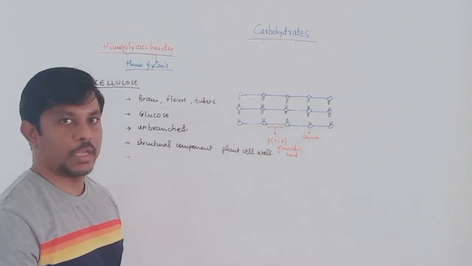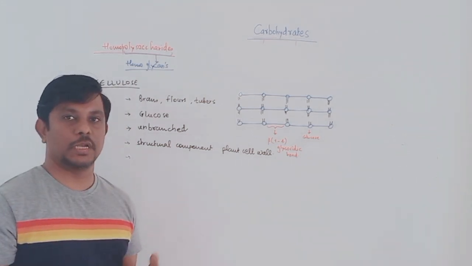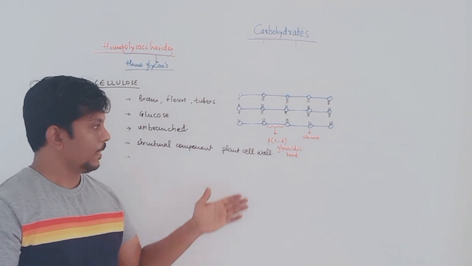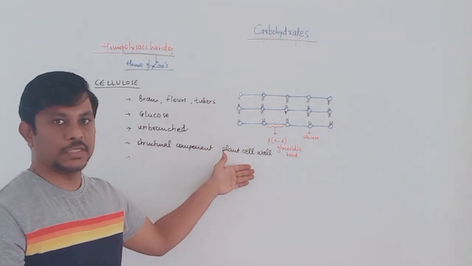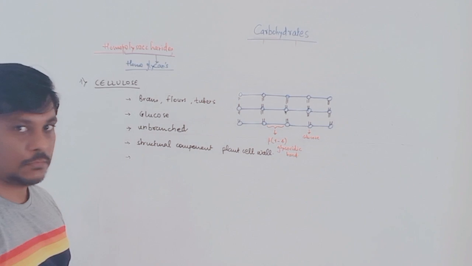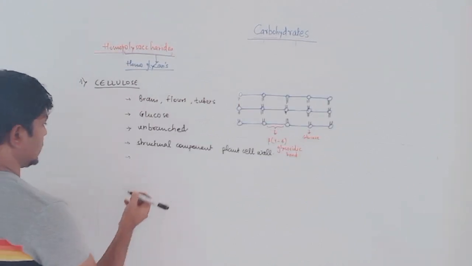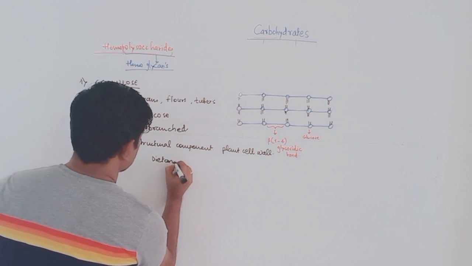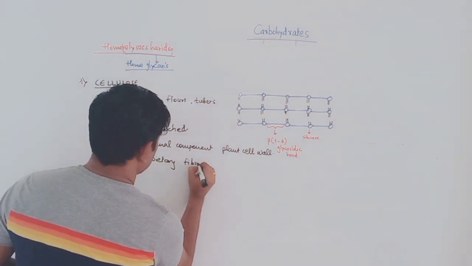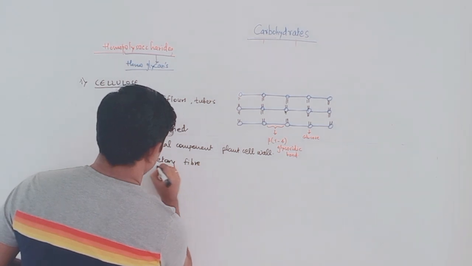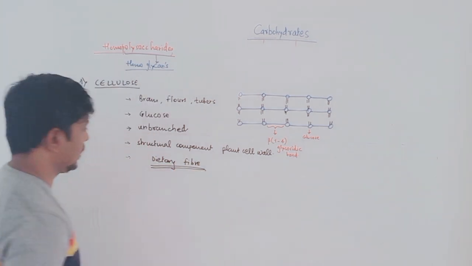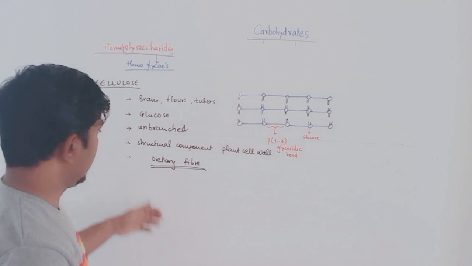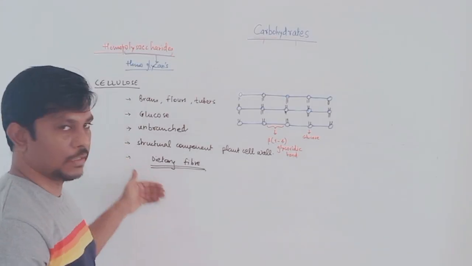So we don't have any enzyme which breaks beta 1,4 glycosidic bond. That's why we cannot digest cellulose, and as we cannot digest cellulose, it acts as a dietary fiber.